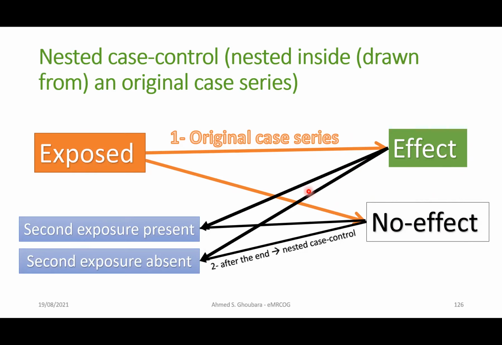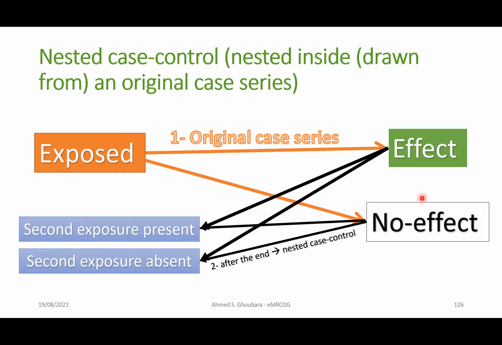I will review their case notes. So I'm thinking that smoking might be a contributor to this result. So I'll review their case notes. I'll go back to the GP surgeries. I'll go back to the national registers, for example. Review their hospital admissions. And study the second exposure, like smoking, over the results.